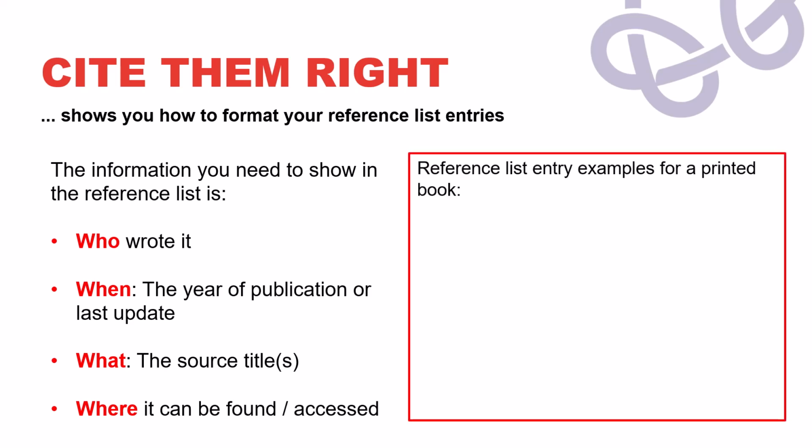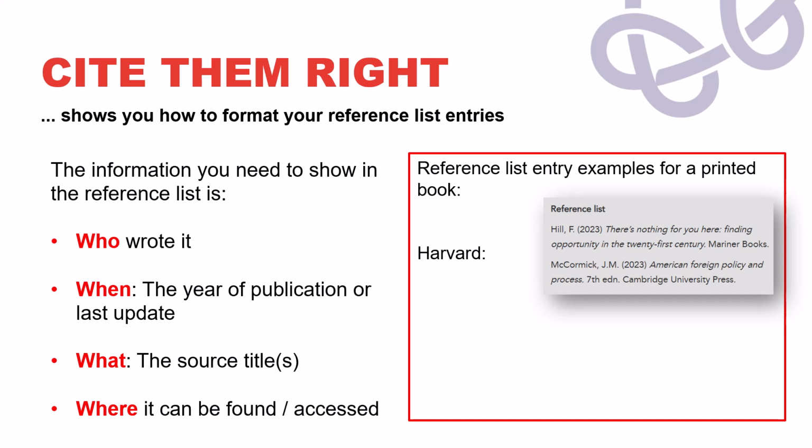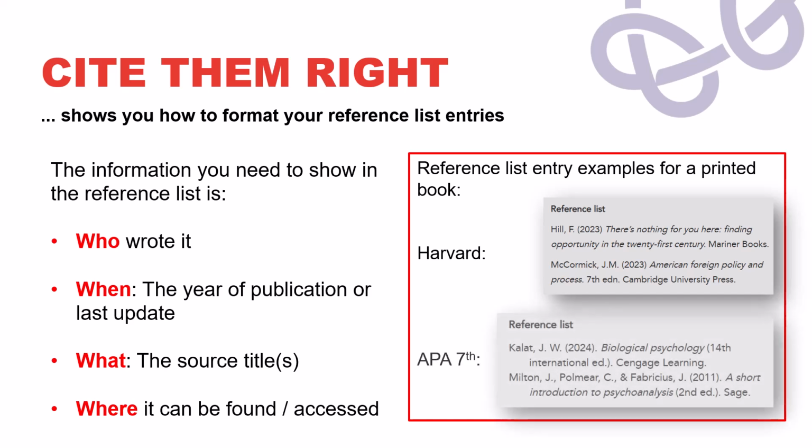Now, Cite Them Right online gives you examples for each different source type because each source type has got a slightly different format. This is the example of a printed book for Harvard, and here it is for APA 7th. We can see for both styles that we need to say who's written it. We've got the author surname and initial or initials.